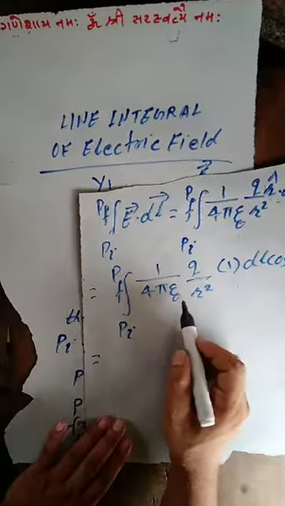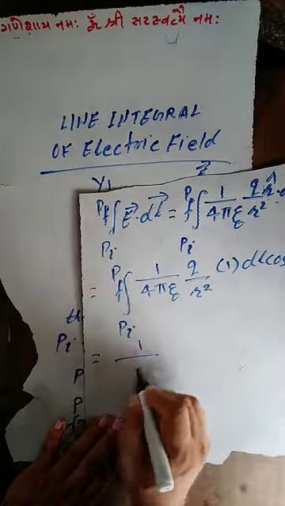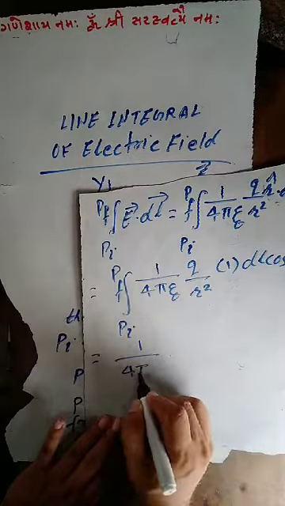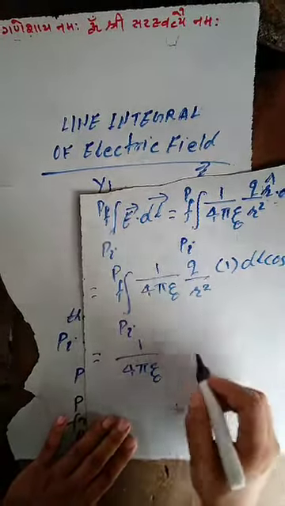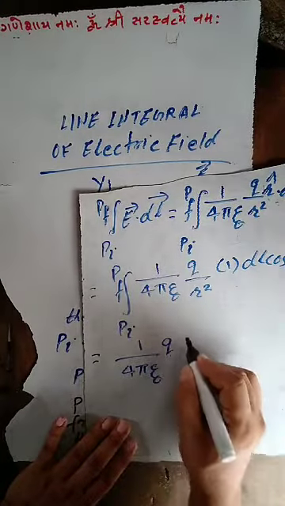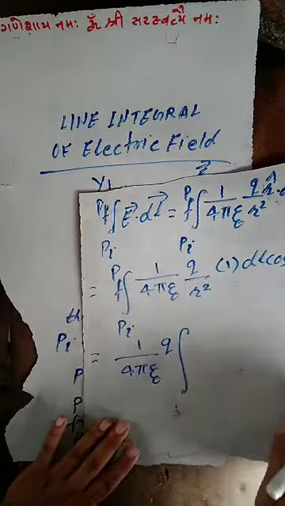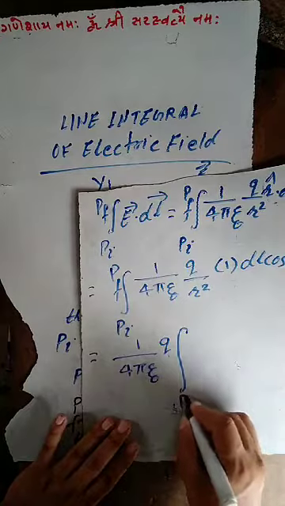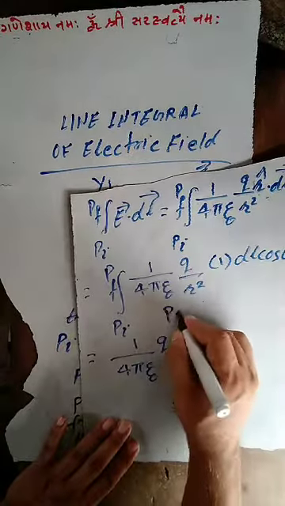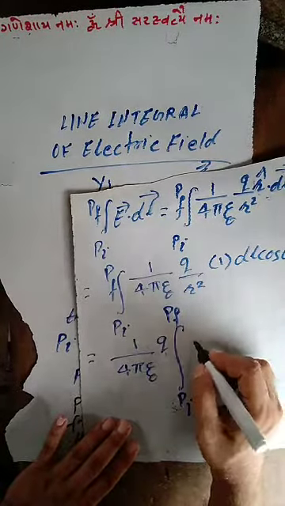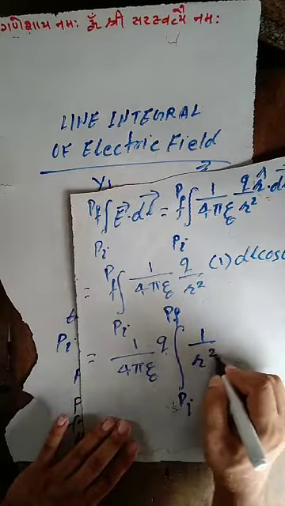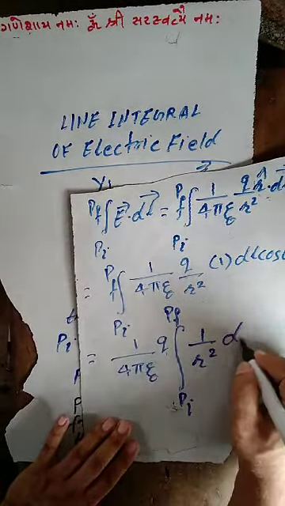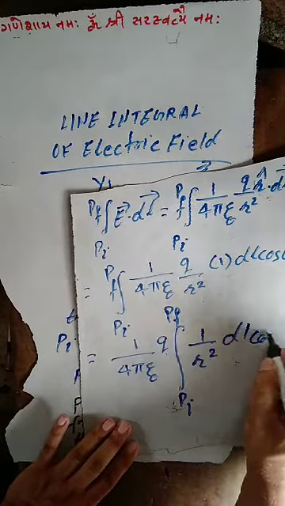Now here 1 by 4 pi epsilon naught and Q, all these are constant. So the integral from Pi to Pf of 1 by r square and dl cos theta.